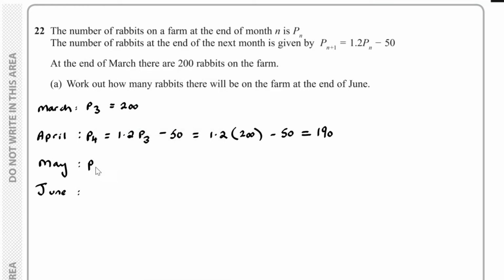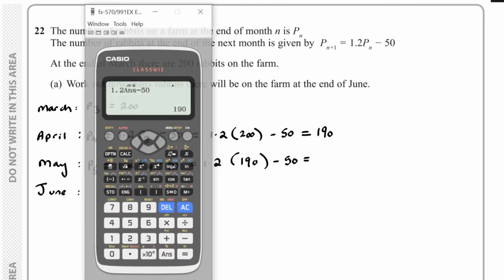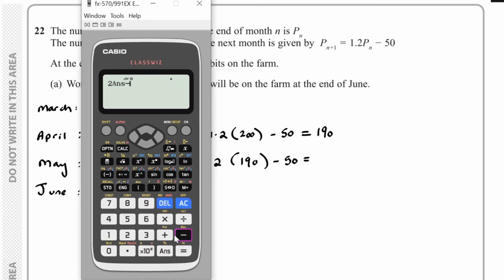In May, that's P5, so that's equal to 1.2 times P4 minus 50, so we've got 1.2 times 190 minus the 50. Sorry, I did that wrong.